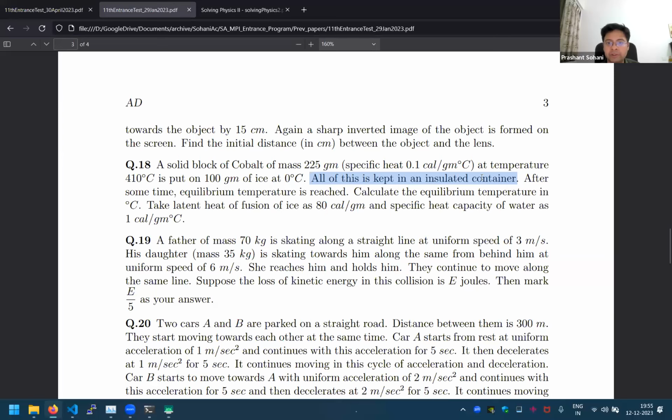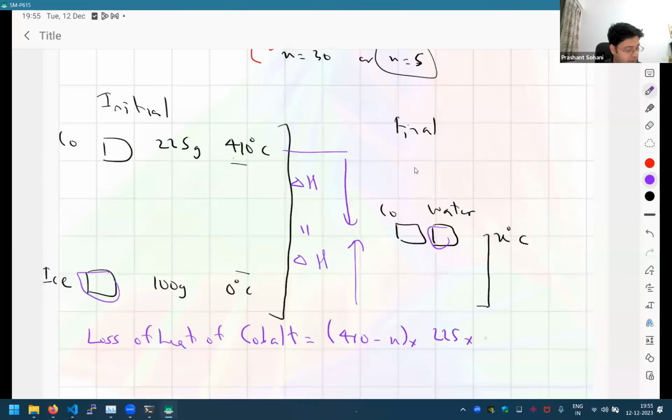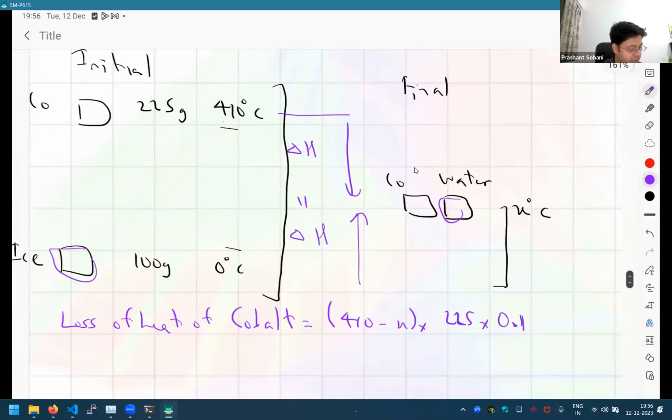The specific heat capacity is given as 0.1 calories per gram degree Celsius. Again, you'll notice that all the units are nicely given, so I don't have to do lots of conversion. So I'm just not going to mention the units here, but in a different question, you may have to be careful. So the loss of heat of the cobalt is here and the only unknown variable is x.